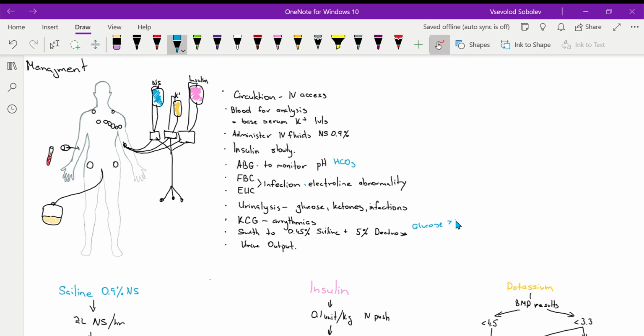It should be somewhere above 200, somewhere around 250, and we'll monitor sodium and their potassium. So based on that, we'll give all these things. We don't want to get them too low on either sodium or potassium or glucose. We don't want to overcorrect these things. We'll monitor urine output to make sure they're still peeing.